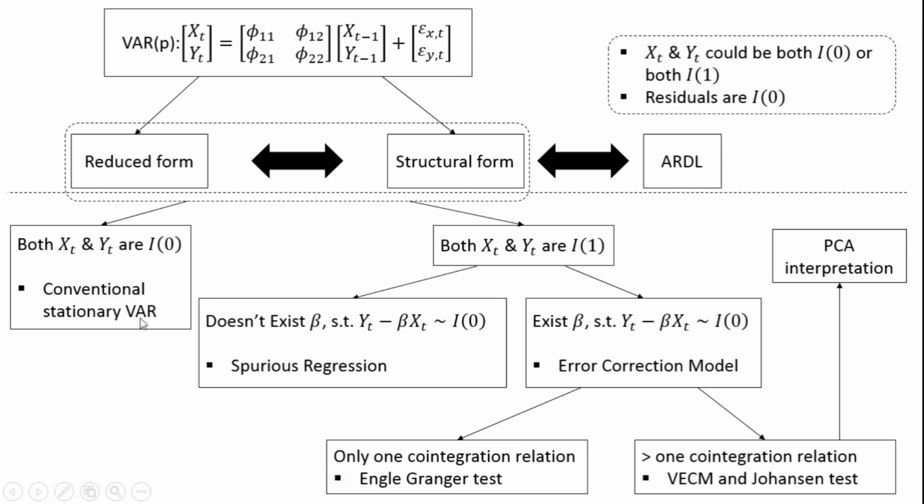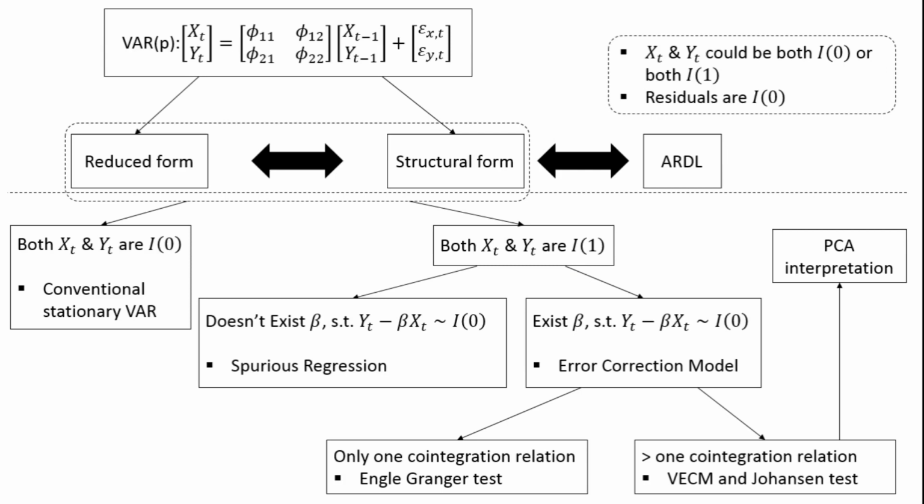So we also have a situation in which both XT and YT are stationary, a conventional stationary VAR. We also have a situation in which both XT and YT are integrated of order 1.